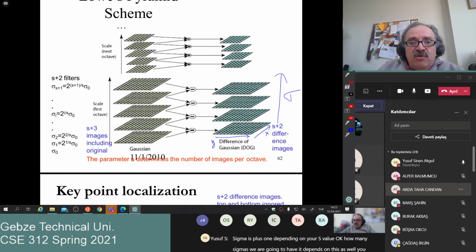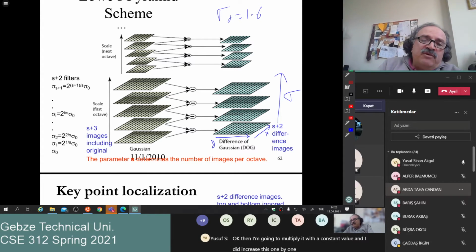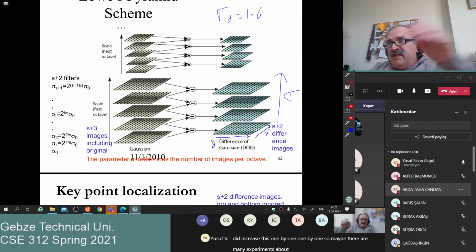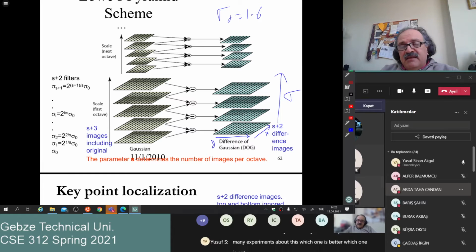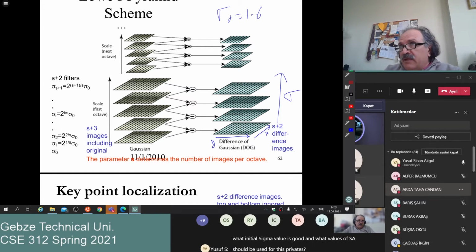Usually sigma 0 is going to be 1.6. Then I multiply it with a constant value and increase it step by step. There are many experiments about which is better, and we will run experiments to decide what initial sigma value is good and what values of S should be used for these pyramids.